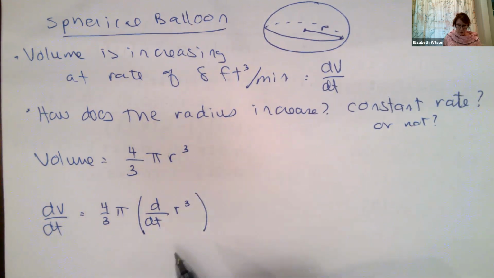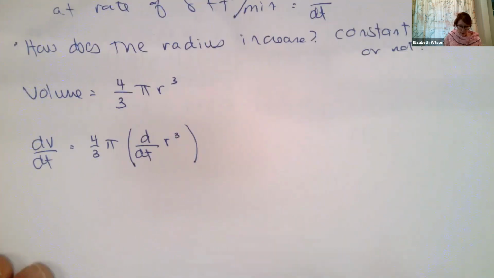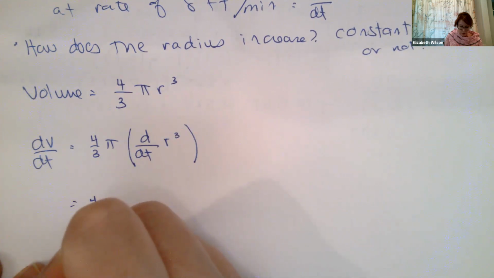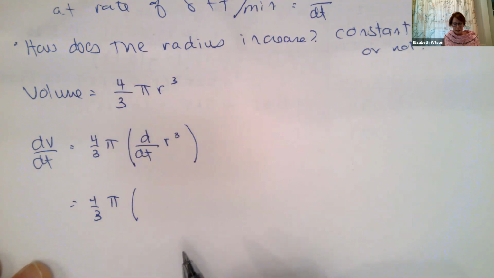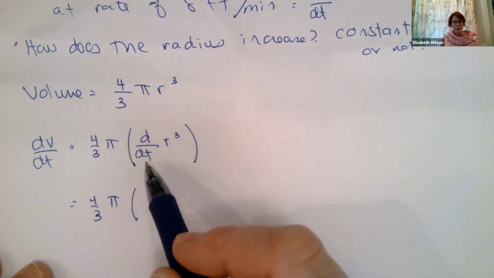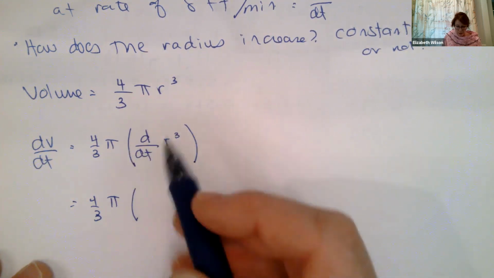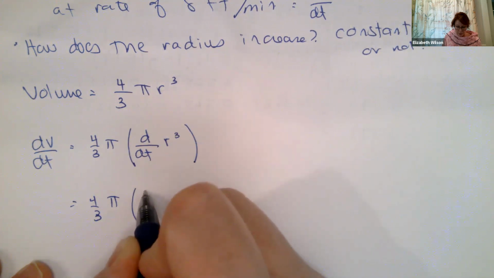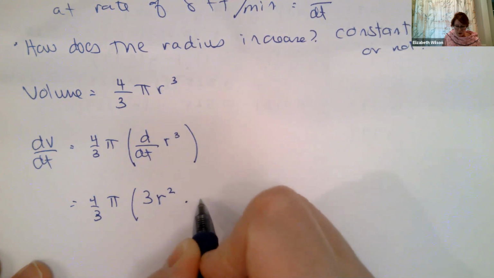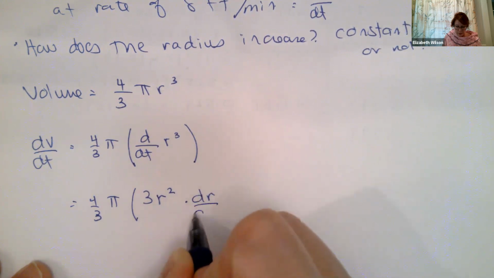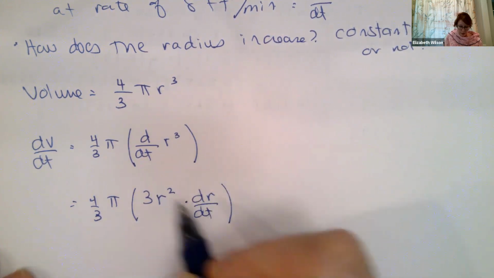When I take the derivative, this is 4/3 pi times dr/dt, taking the derivative of the radius with respect to time. That's going to be equal to 3 times r squared. So that's my power rule for derivatives. Now I have to do the chain rule, dr/dt. And that's actually what I'm going to be solving for.